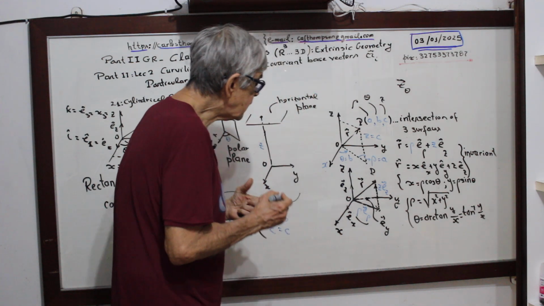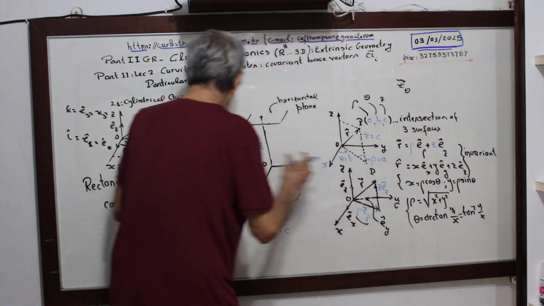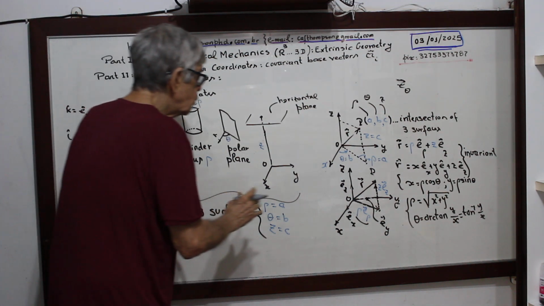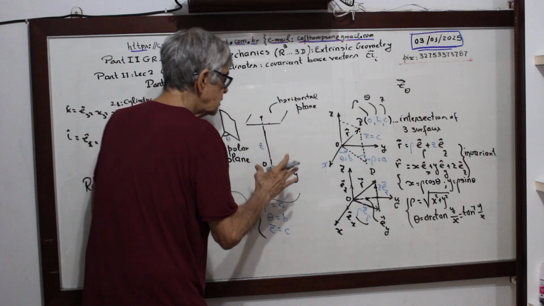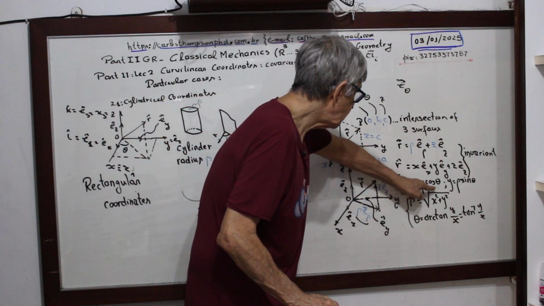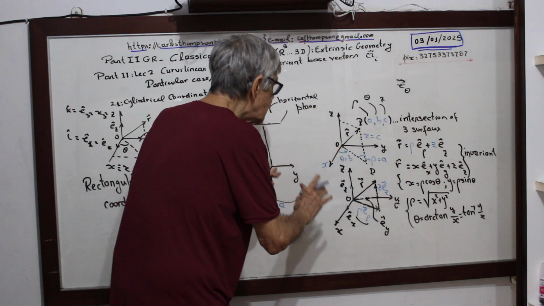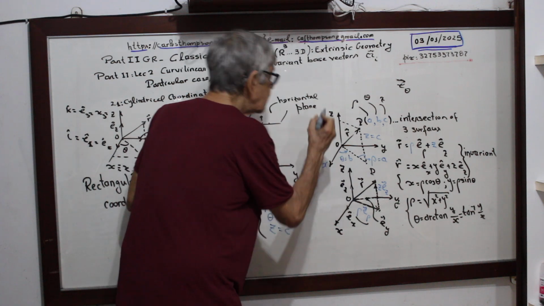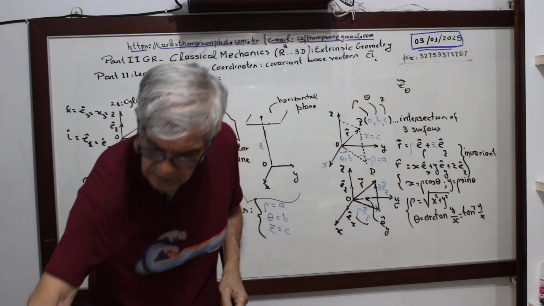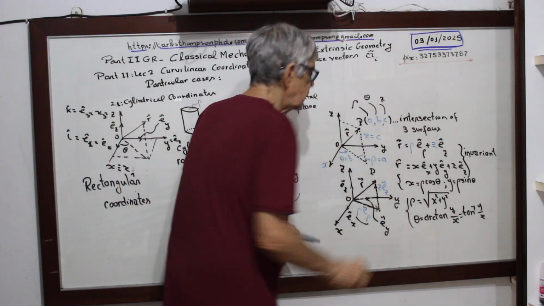Now, I can relate the rectangular coordinates to the cylindrical coordinates. Look at that. x is rho cosine of theta. It's quite easy. I'll leave a space here just to write the figure for you to understand clearly.